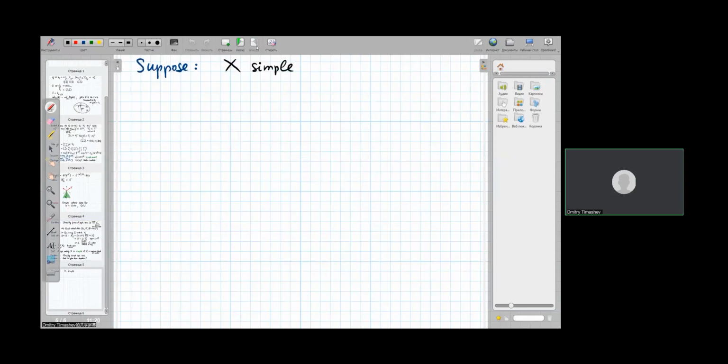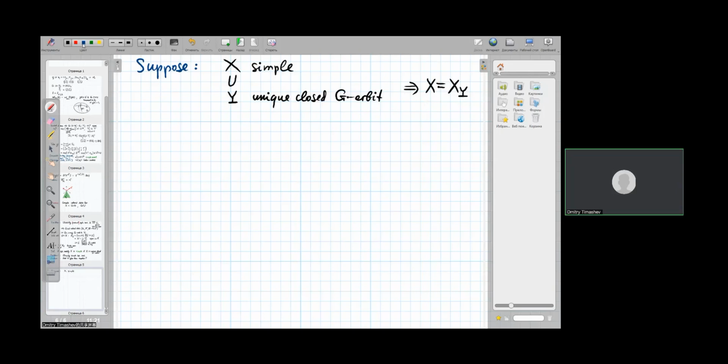So suppose X is a simple spherical variety, and let me denote by Y the unique closed orbit in X. So that in our notation, X can be written as X sub Y. All orbits in X contain Y in the closure, so X is the same as X sub Y in the previous notation.